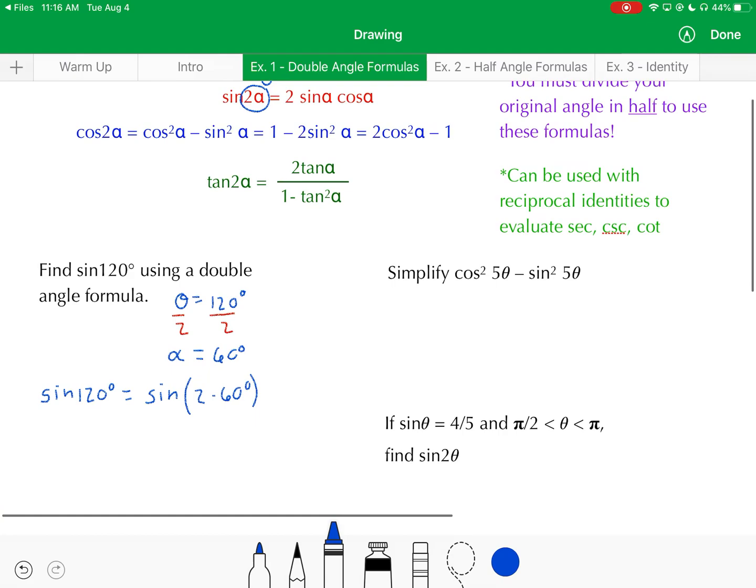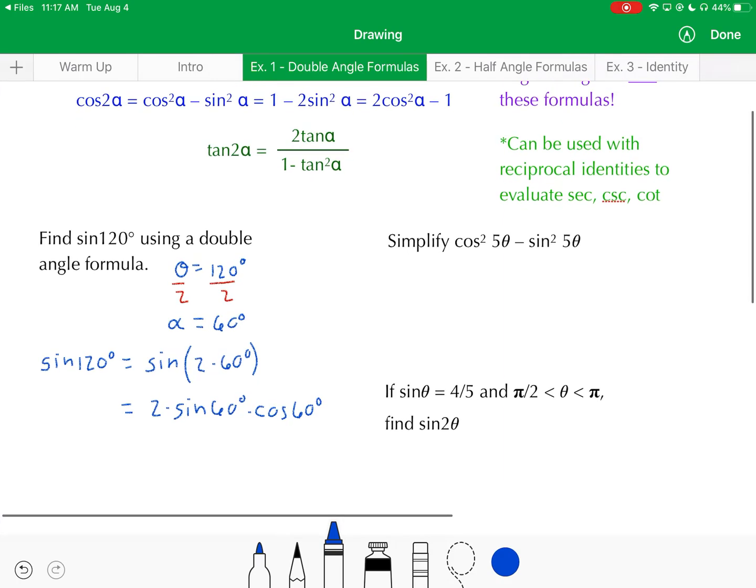Then we can apply the formula that's at the top of the screen in red. Sine of 2 times 60 degrees is equivalent to 2 times sine of 60 degrees times cosine of 60 degrees, all right? And then you're going to evaluate both sine and cosine of 60 degrees. All right, now sine of 60 degrees is radical 3 over 2.